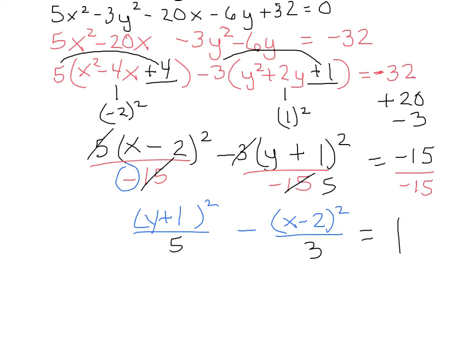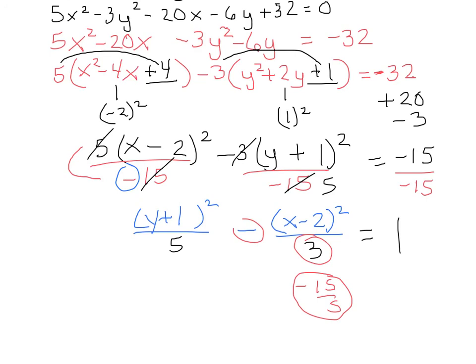Keep in mind, guys, multiplying right here, when we were multiplying by 5 over negative 15, that's the same thing as dividing by negative 15 over 5. There's that negative 3.